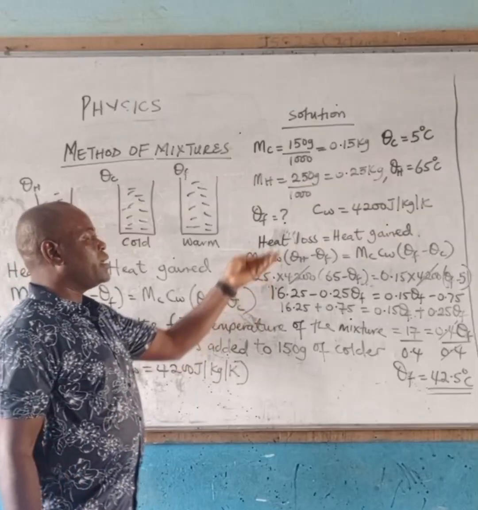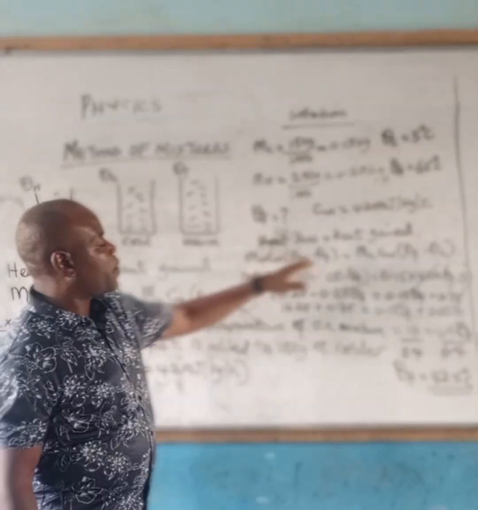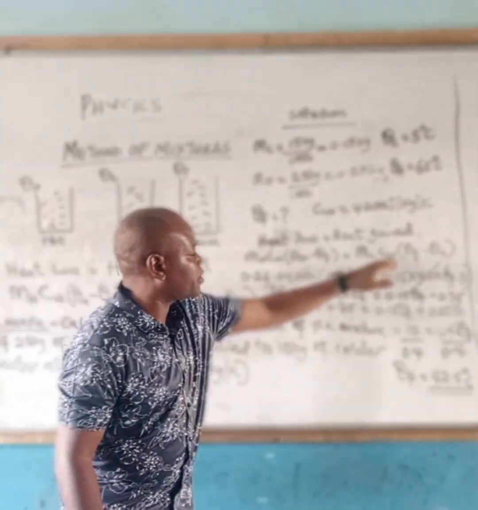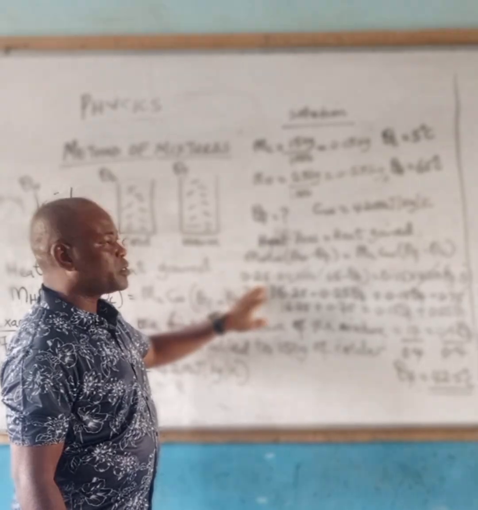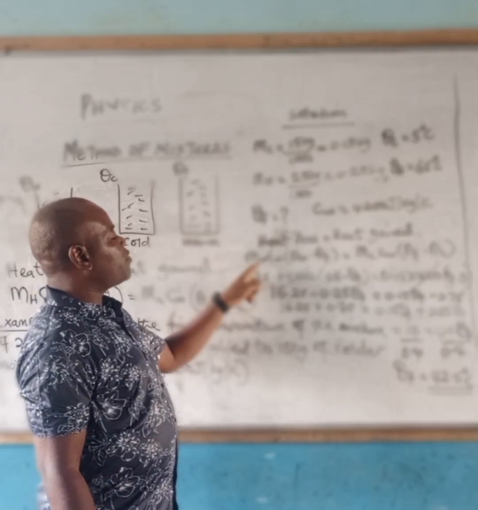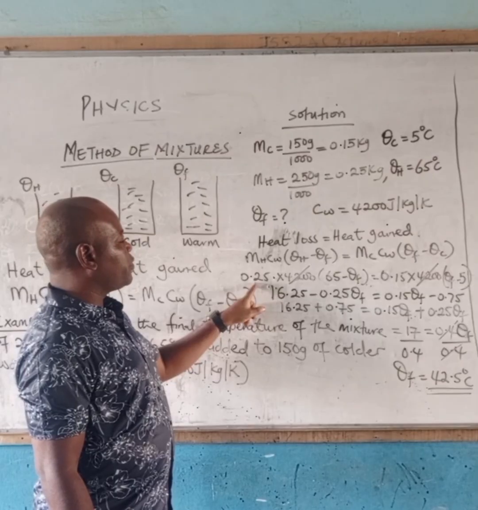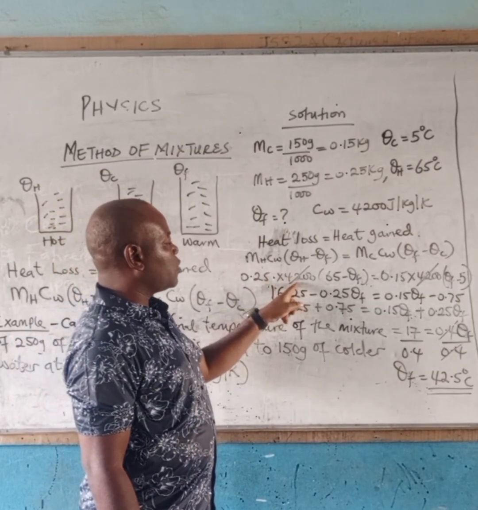Now, mathematically, heat loss is equal to heat gain. From our equation, we have this on the board. Now, if you substitute the variables into our equation, the mass of hot water is 0.25. The specific heat capacity of water is 4,200.